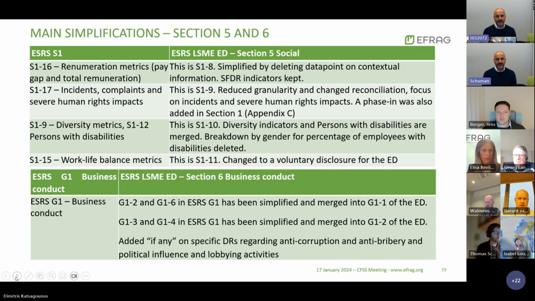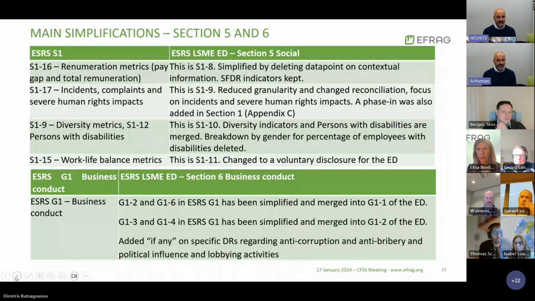Also for this DR, a phase-in was added compared to set 1. On diversity metrics and persons with disabilities, we merged these two DRs, and the breakdown by gender for percentage of employees has been deleted. On work-life balance metrics, we changed to a voluntary disclosure.